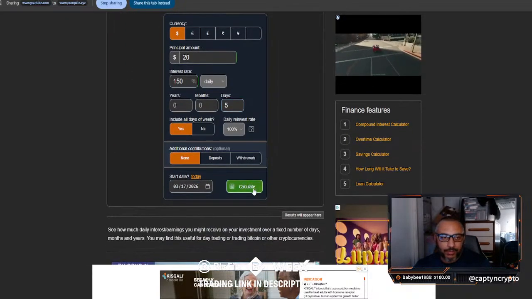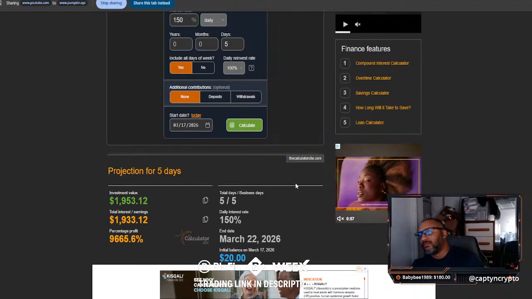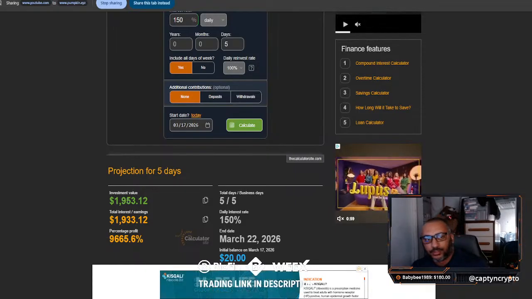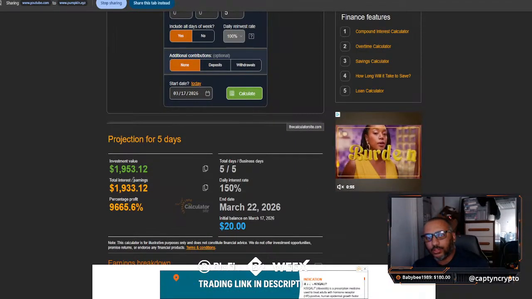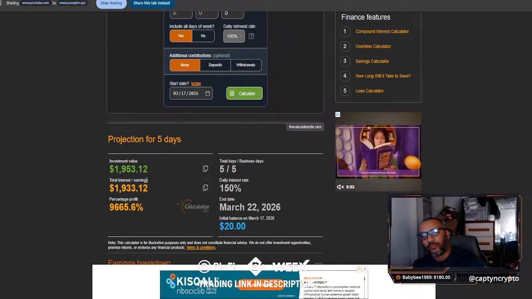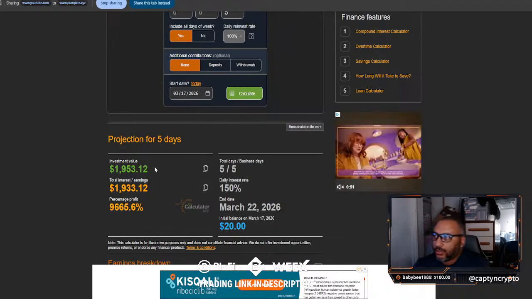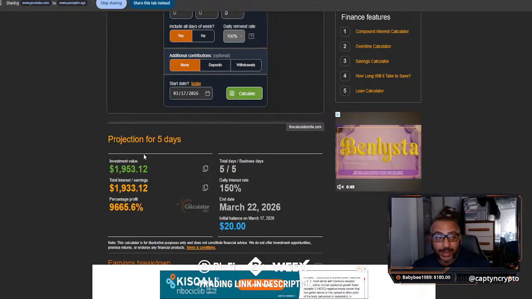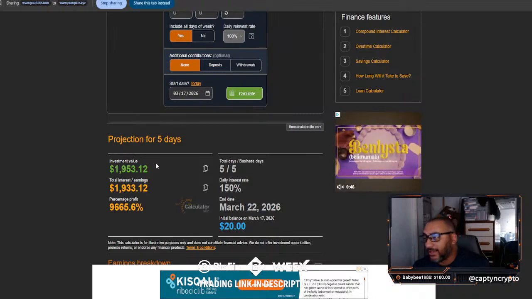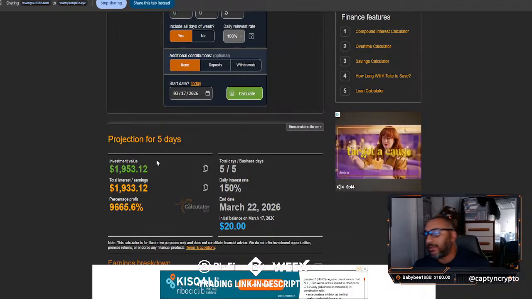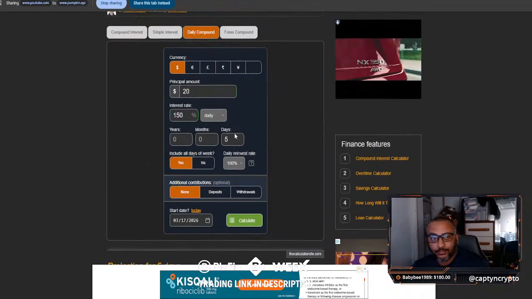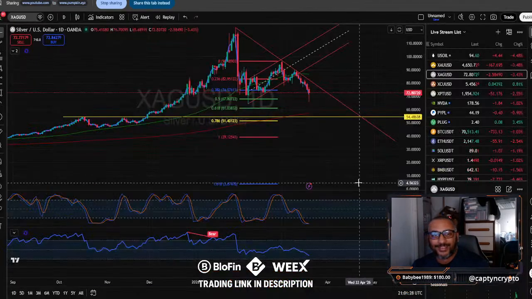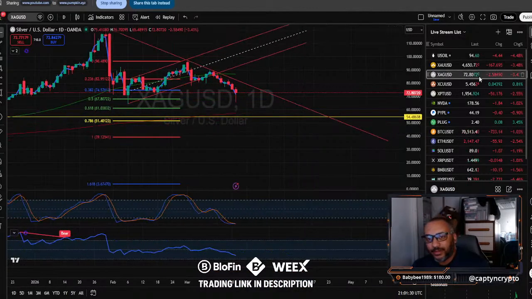All of a sudden, that $20 just turned into $1,900. You could buy lunch right there. You might even be able to take your girlfriend in the car, a gas-powered car, because you can buy gas, and get some Wood Ranch. Maybe even have barbecue with nearly $2,000 from 5 trades. Compounding is crazy.